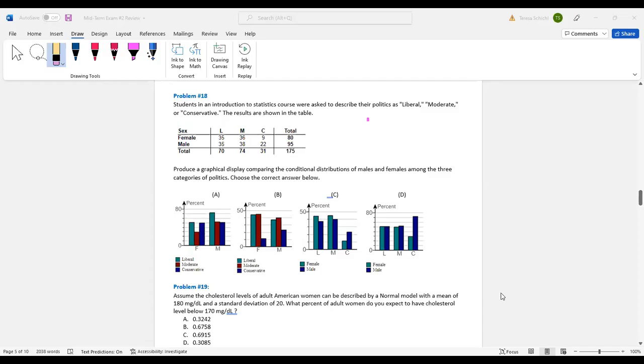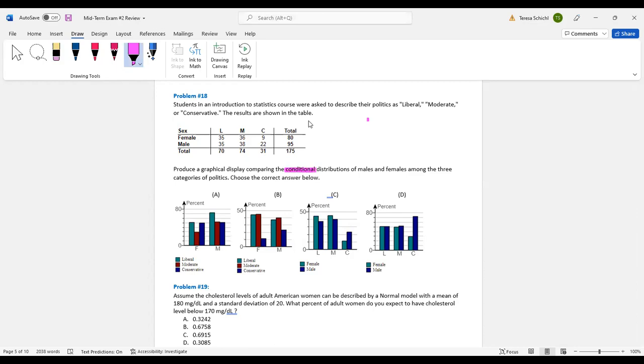Okay, so for number 18 here, they said a student in an introductory stats course was asked to describe their political view as liberal, moderate, or conservative. So here is the contingency table showing us. I want to produce a graph to display the conditional distribution of the male and the females. So be careful.